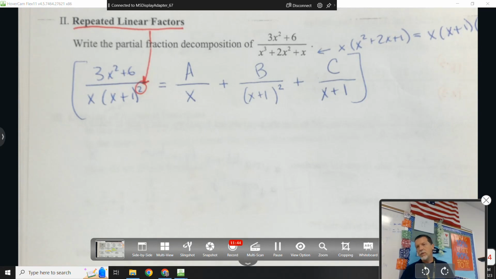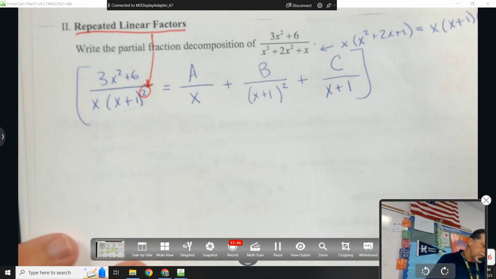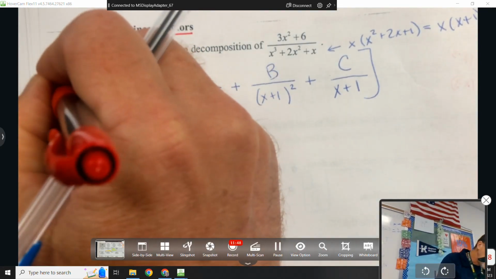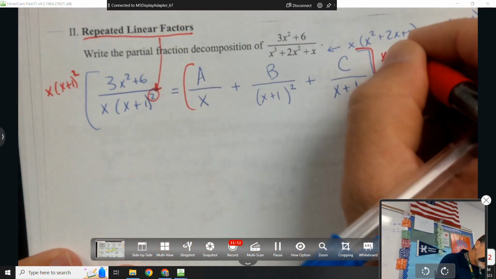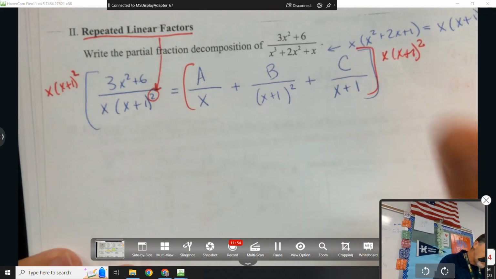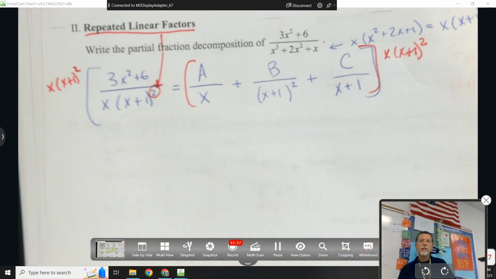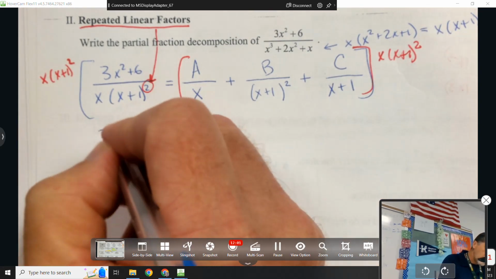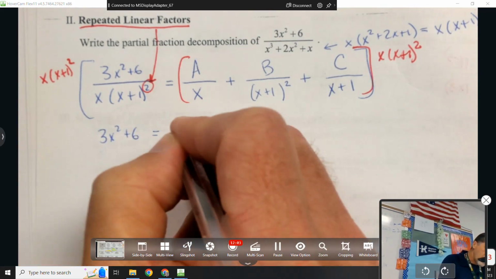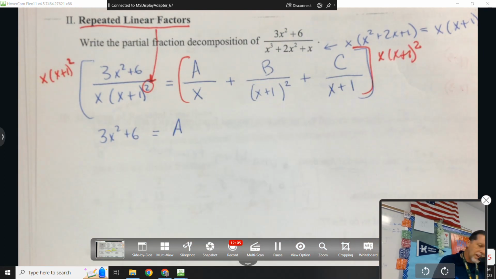All right, again, let's multiply by the common denominator on both sides. So left side, super easy. Everything cancels. 3x squared plus 6. On the right side, well, the first term's easy.